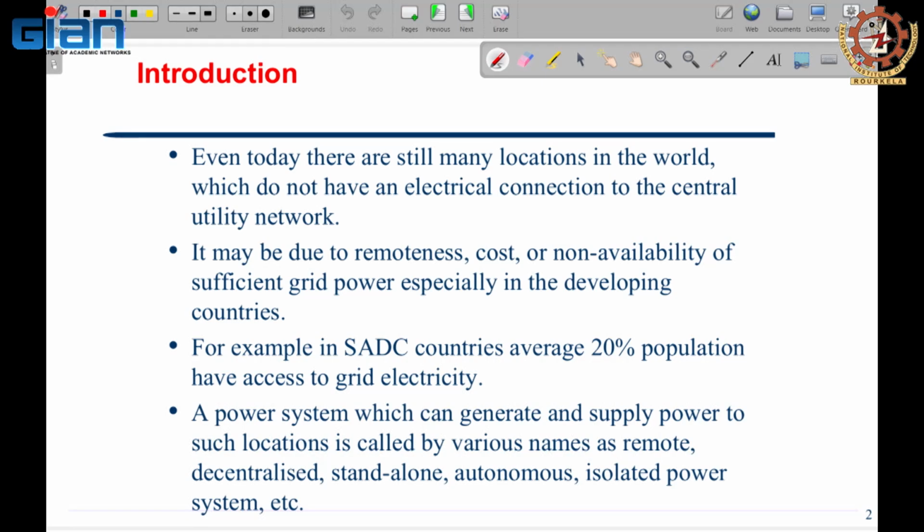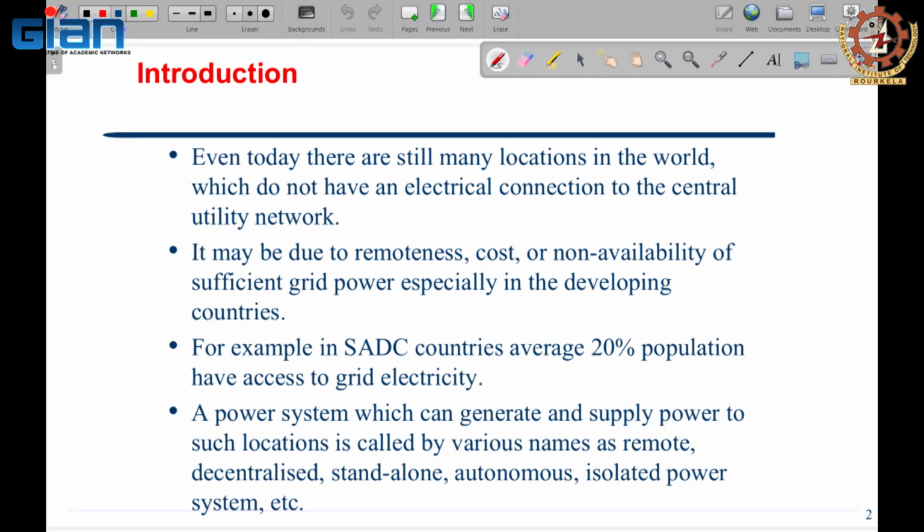So the reason could be remoteness, or it could be cost, that the centralized grid system is practically not feasible. But still, where there are human beings, the electricity need is always there.